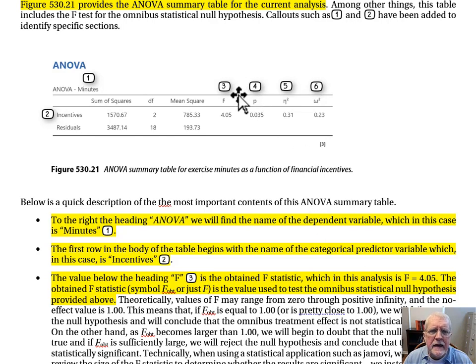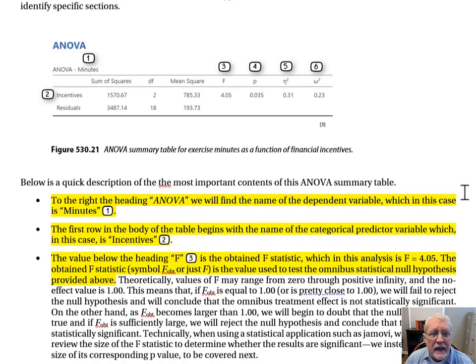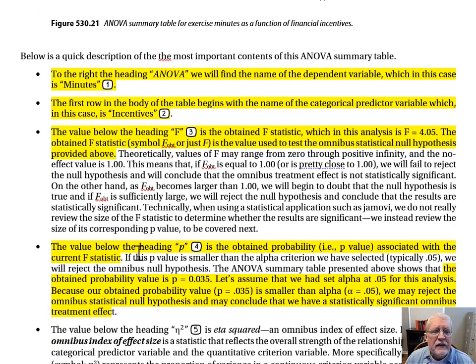Now, if the independent variable had no effect at all, theoretically, we would expect this F statistic to be equal to 1.0. 4.05 is bigger than 1.0, but is it big enough for us to reject the null hypothesis? To make that decision, we have to look at its companion statistic, the p-value. The value below the heading P is the obtained probability value, the p-value associated with this F statistic.